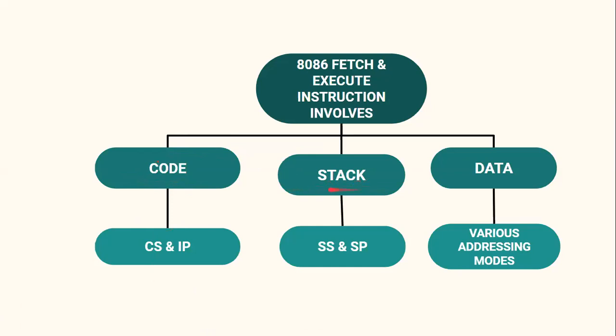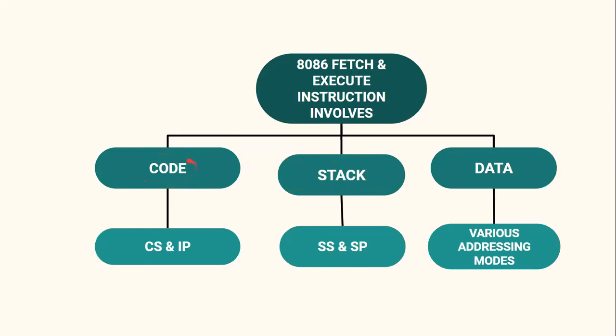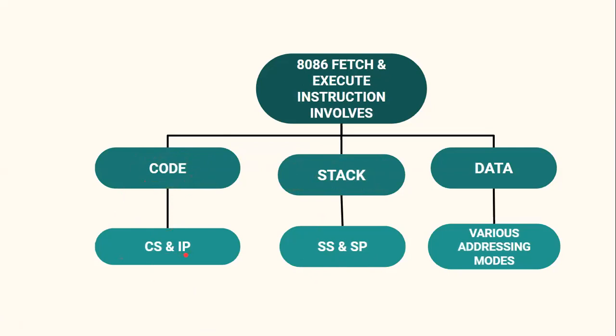The stack data is available in the stack segment register SS and the stack pointer register SP. SS forms the base address and SP provides the offset address. Now with the help of the stack, the location of the code is located in the code segment with the help of the CS and IP registers.